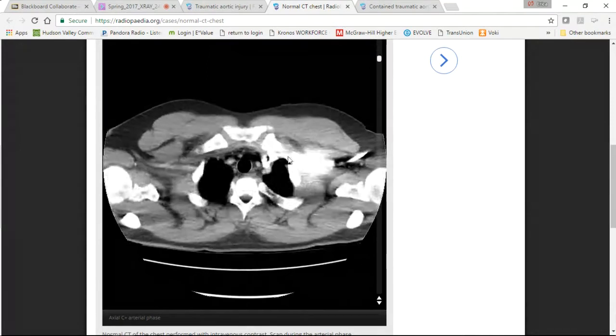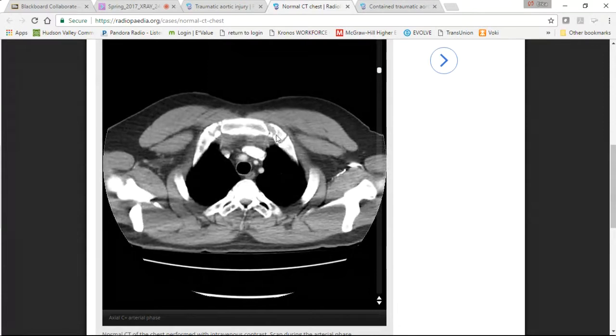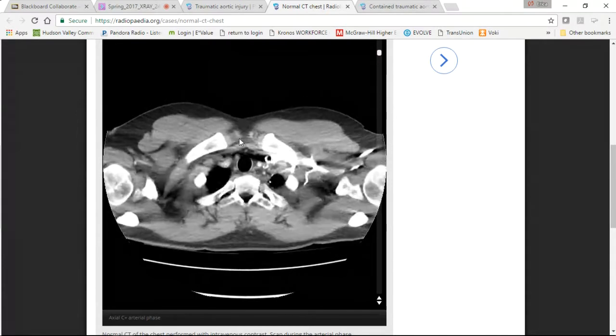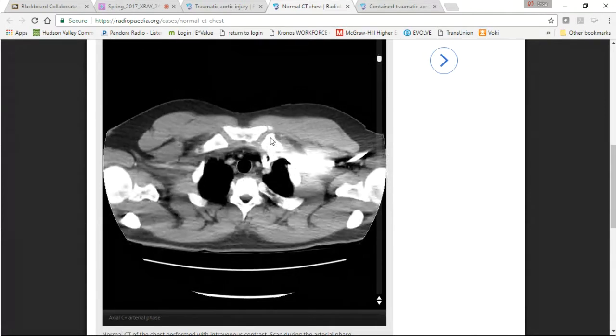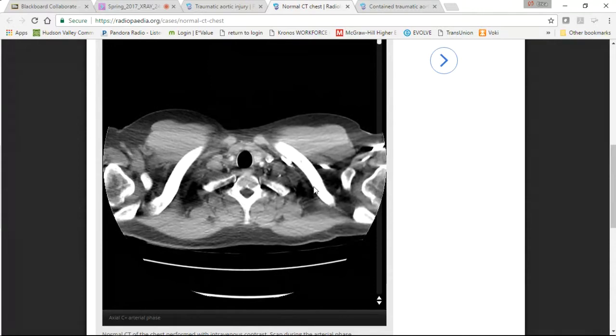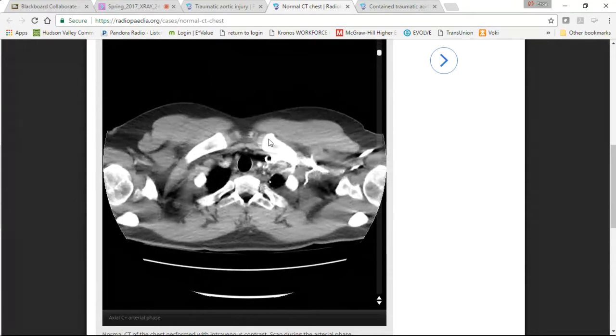That's going to come around and articulate with the manubrium, the most superior portion of the sternum. So the manubrium is right here, and the first articulation is going to be your first rib. Don't get it confused with the clavicle, which is right here.